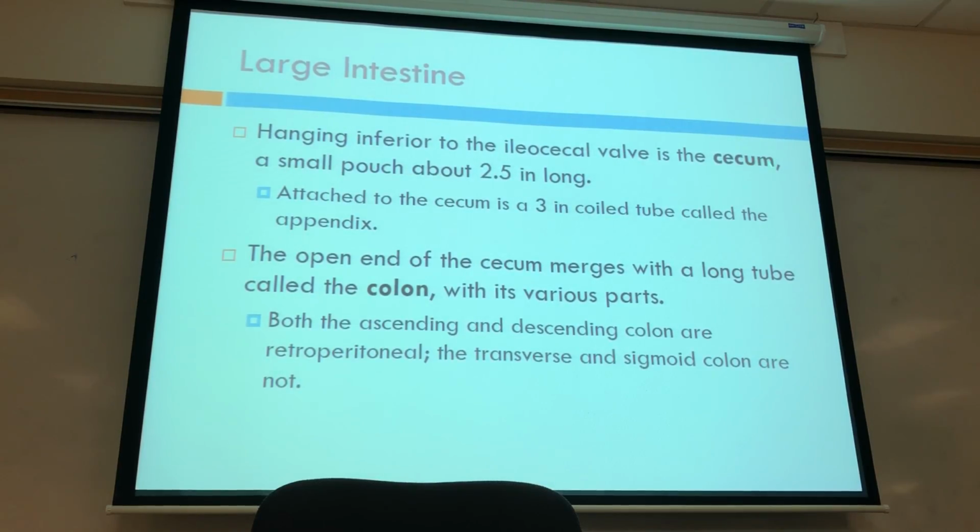The cecum is just a small pouch. I'm not going to talk too much about that, or the colon, which are all parts of the large intestine. Again, the main purpose of these, especially the cecum, is to contain what are called beneficial bacteria. This is still consistent with the external environment.